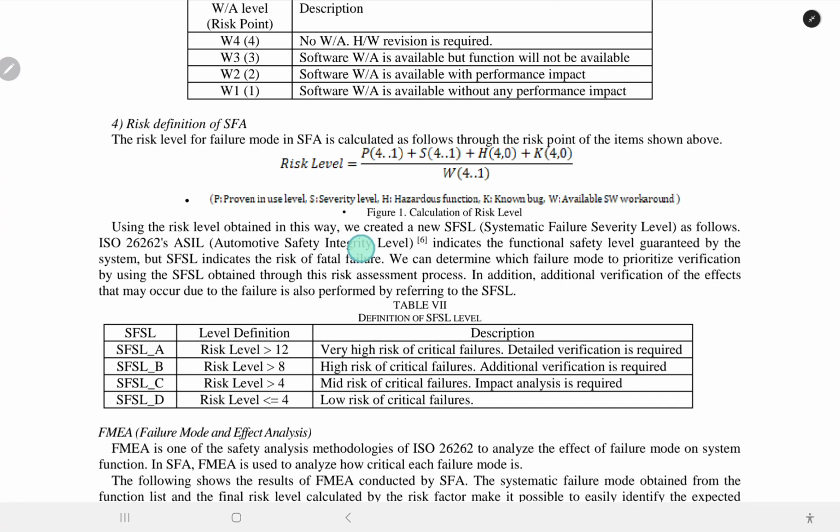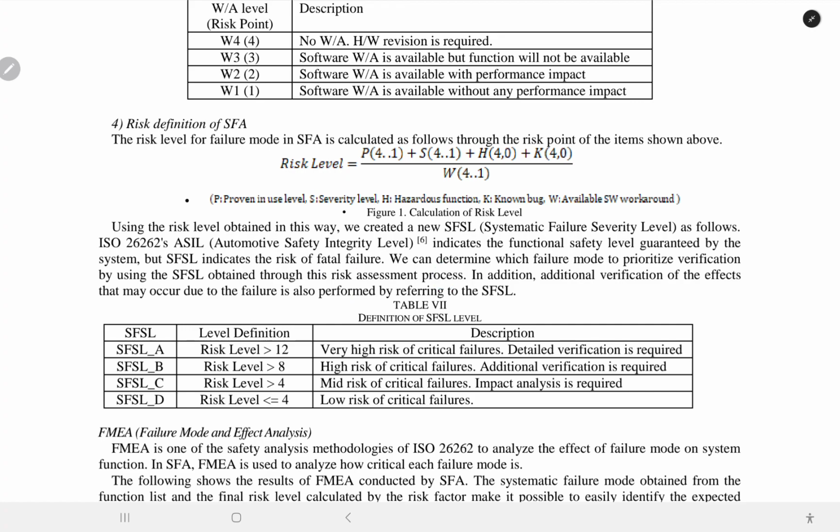ASIL, automotive safety integrity level, indicates the functional safety level guaranteed by the system, but the SFSL indicates the risk of the fatal failure. We can determine which failure mode to prioritize verification by using the SFSL obtained through the risk assessment process.